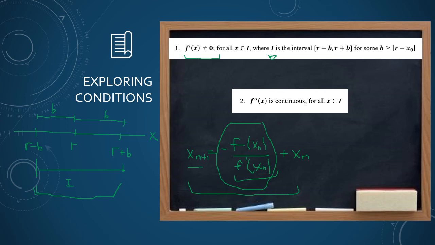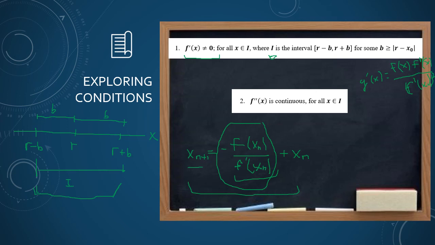So if I recall correctly, you had that g prime of x was equal to f of x, f double prime of x, over f prime of x, and if I recall correctly, this is squared.